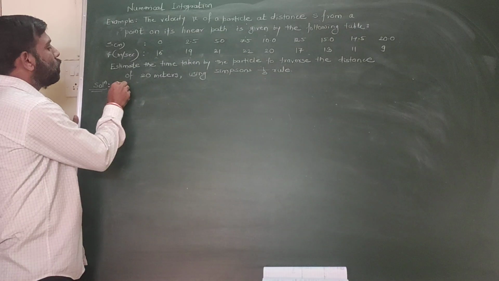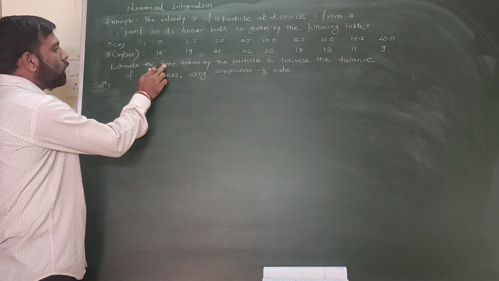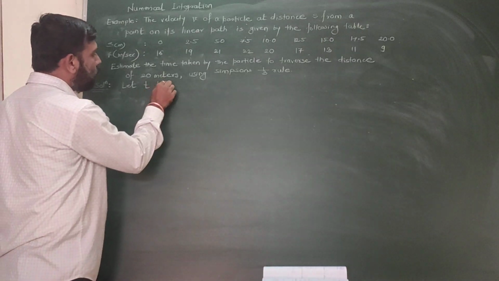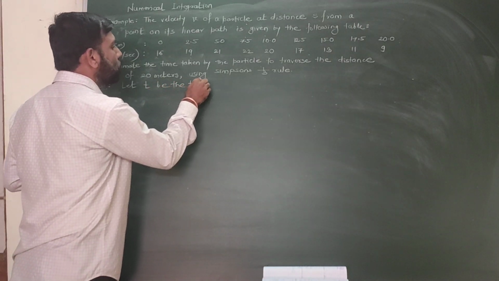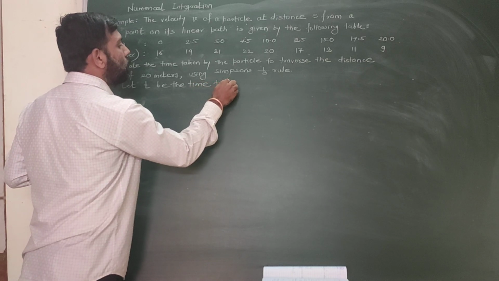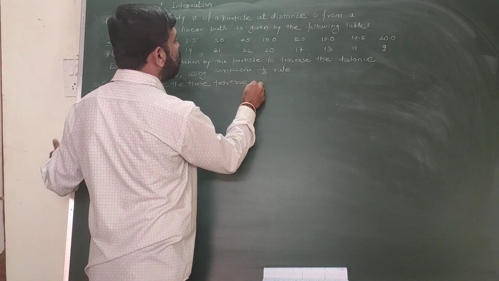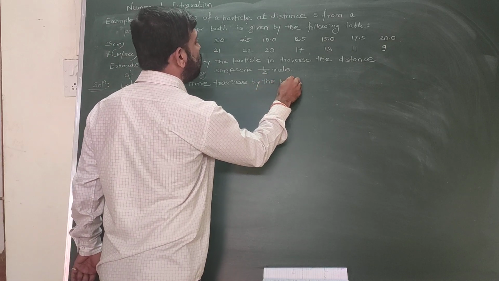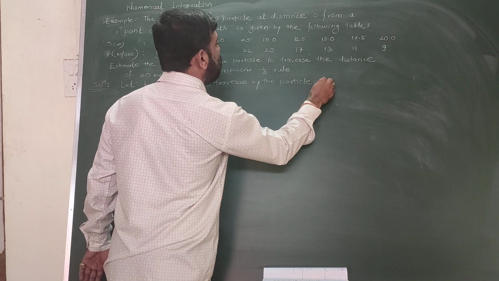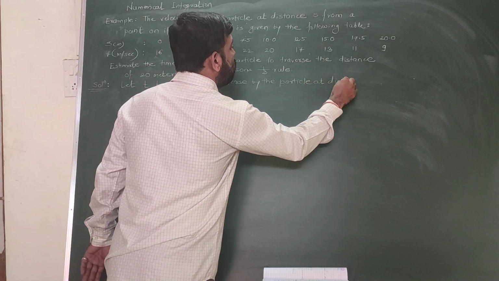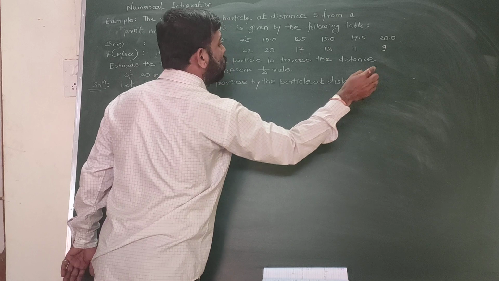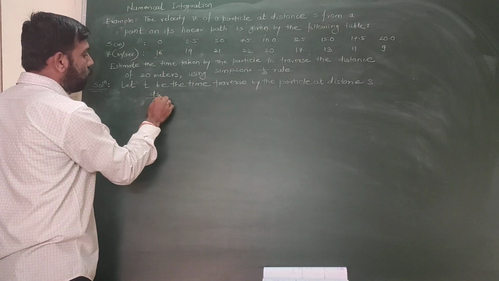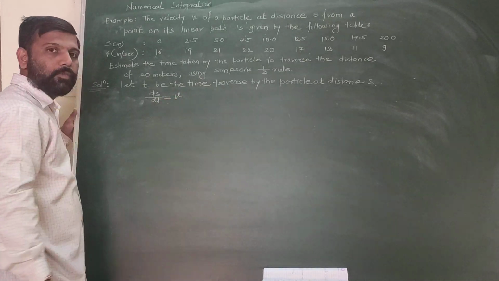Now we have to discuss here the time taken by the particle. So let t be the time traversed by the particle at distance, suppose s, then ds by dt is nothing but our velocity.